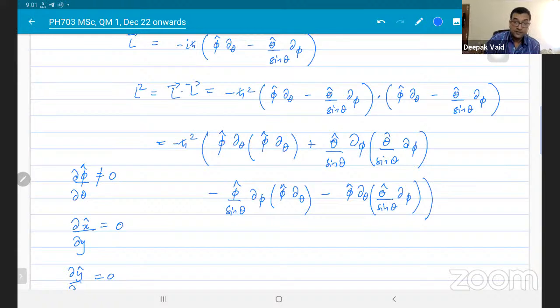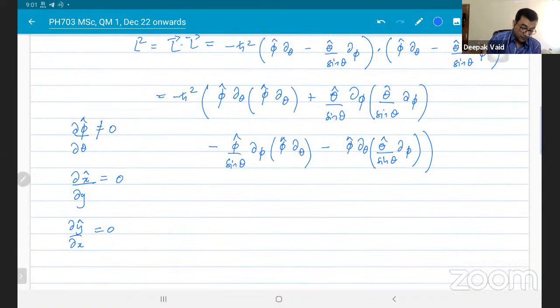So you will be left with this relationship, and now you can use these relationships. There's del phi hat by del theta, and actually this is 0.